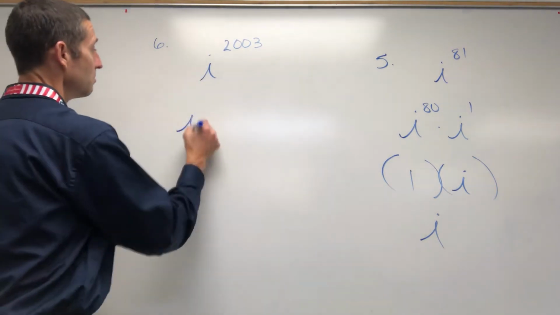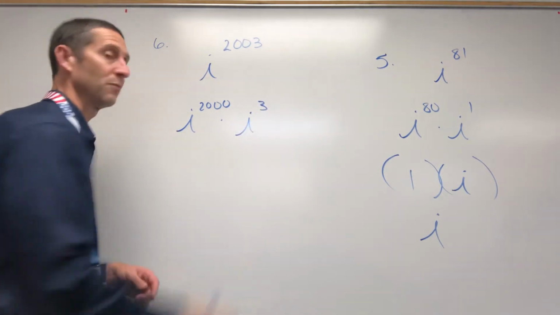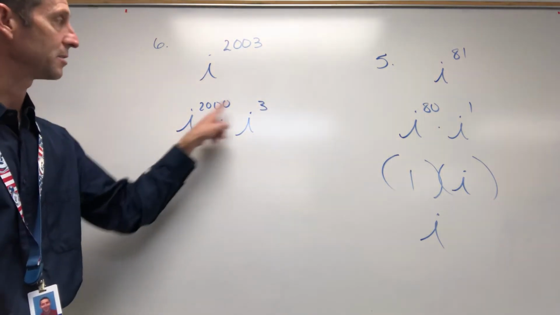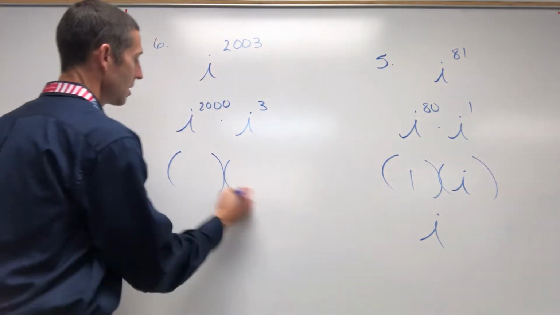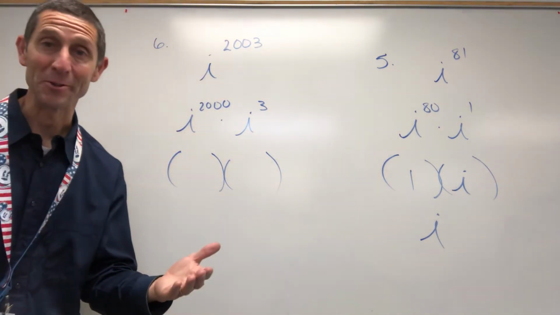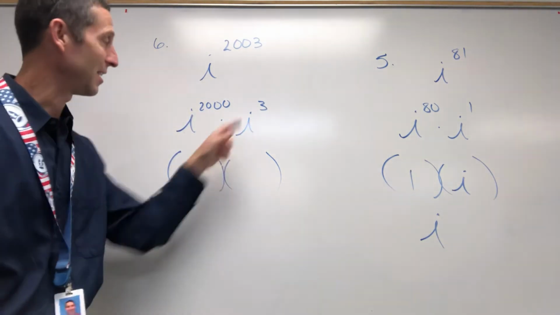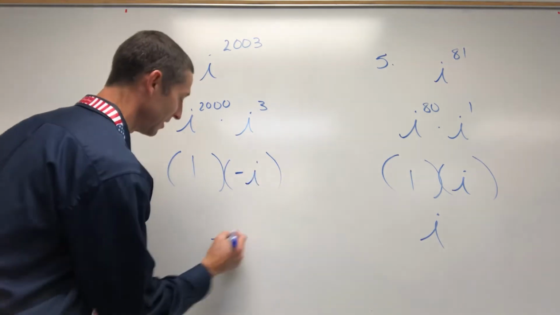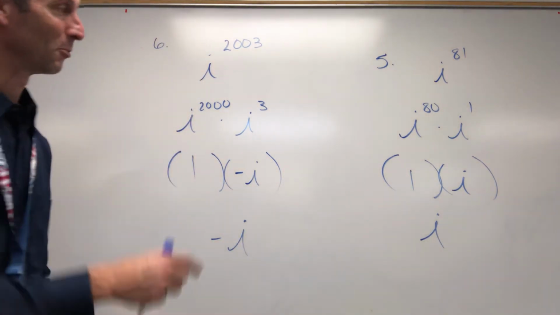So your closest multiple of 4 is the 2000. And then don't forget your I to the third. 2000 plus 3 gives you 2003. But it doesn't matter how big the multiple is. If it's a multiple of 4, it's a positive 1. I to the third, that's negative I. Answer, negative I.